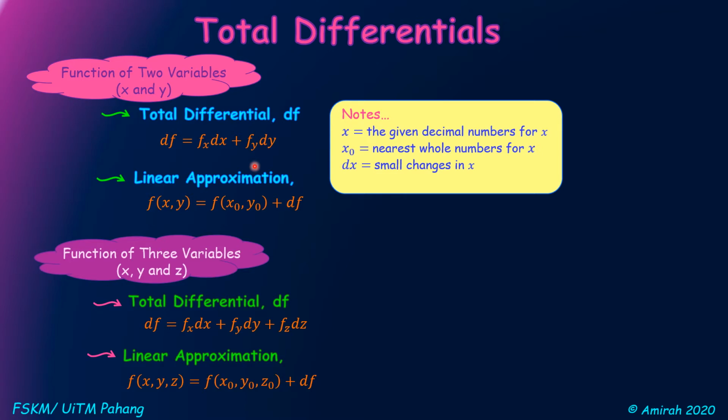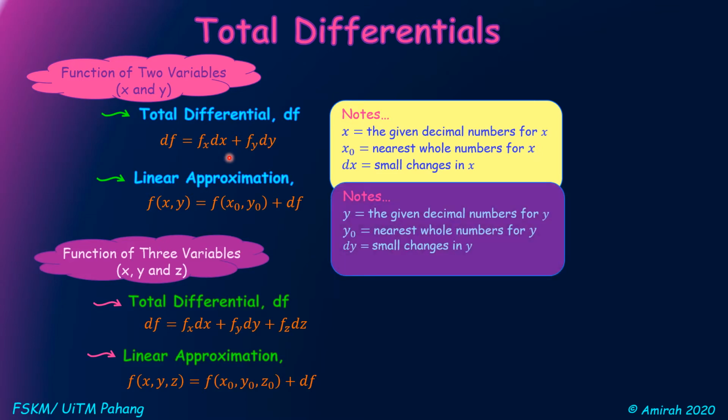Alright, x here means the given decimal number for x. x0 means the nearest whole number for x. And dx means the small change in x. Then y means the given decimal number for y. y0 means the nearest whole number for y.